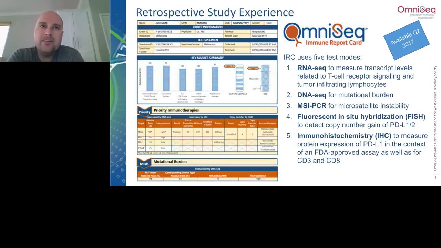Moving on, I'd like to just very briefly talk to you about the experience that I'll speak to here, and that was our efforts at OmniSeq to develop a retrospective study for an assay we're calling OmniSeq Immune Advance.